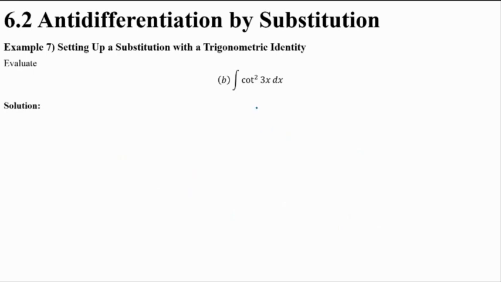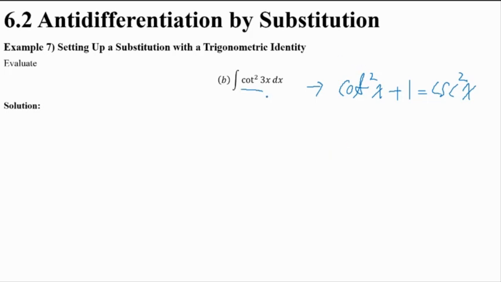Next one. This time cotangent square 3x. Okay, square. So you know the cotangent. How can I do that? This time we're going to use the Pythagorean identity, which means, if you still remember, cotangent square x plus 1 equals cosecant square x.